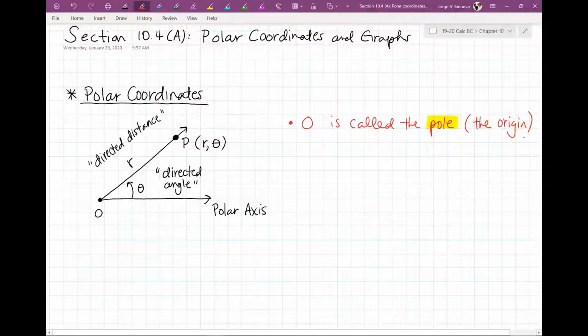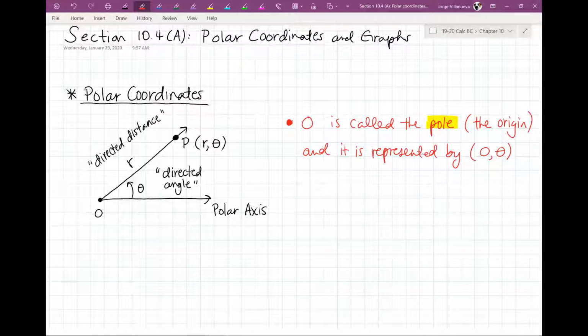And it's represented by the following point, 0 comma theta. It doesn't matter what the angle is. If it has a radial distance of 0, that means it's just a point. So 0 comma pi over 6, 0 comma pi, it doesn't matter. The directed distance is 0, so it's just going to be a point. So that's called the pole.